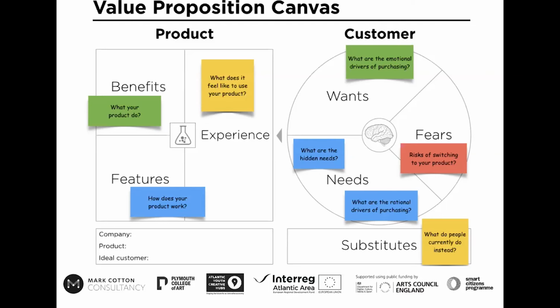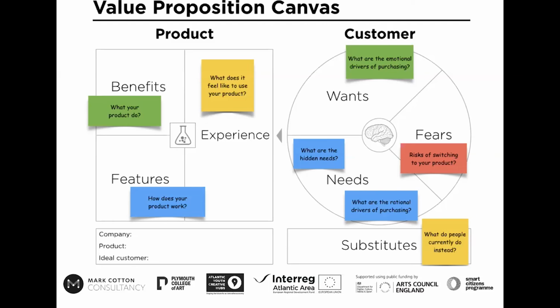On the customer side, we talk about wants, needs, and fears. The wants are the emotional drivers of decision making and are usually conscious, aspirational thoughts about how we'd like our lives to be improved.